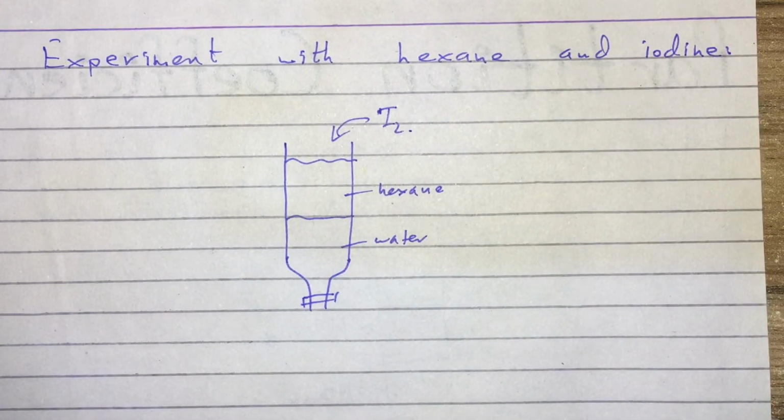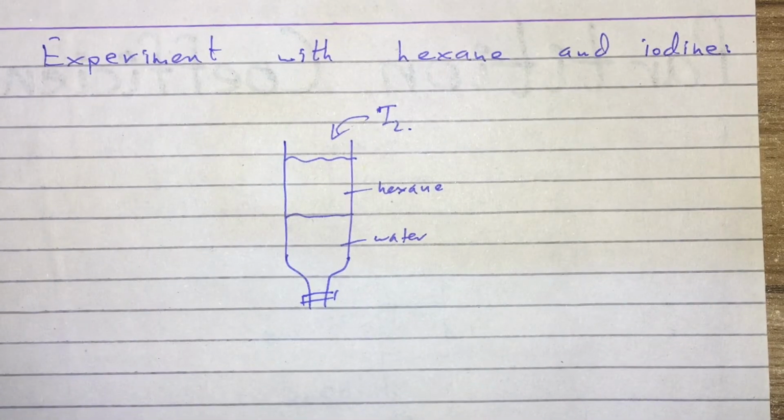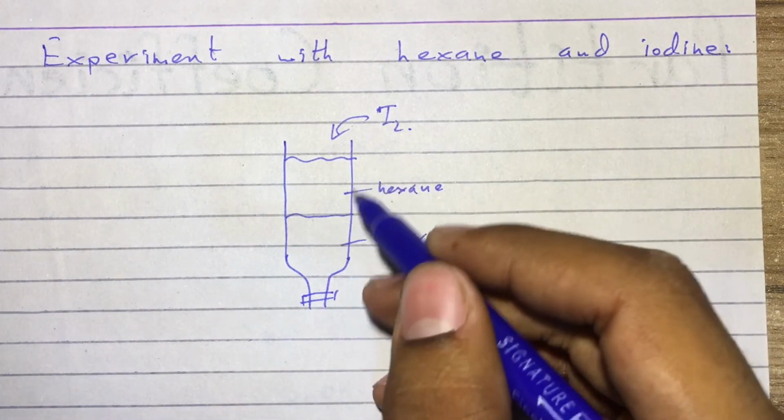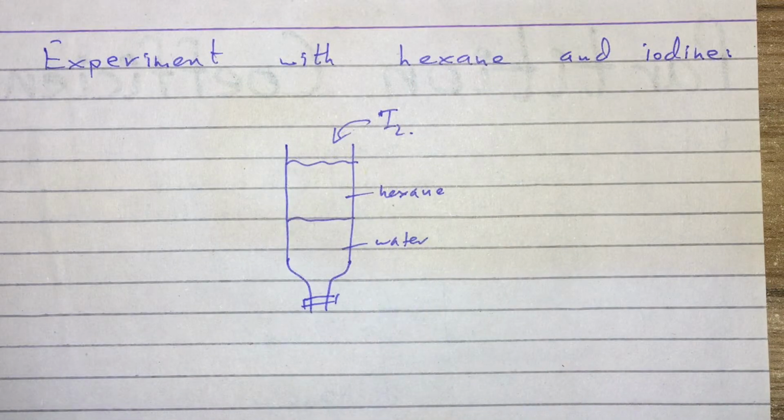And we shake the separating funnel, we mix it so that iodine gets dissolved in both the layers, and then leave it to stand for some time so that the layers separate, right? Once the layers have separated, we collect both the layers in separate conical flasks, and then we titrate them with sodium thiosulfate.